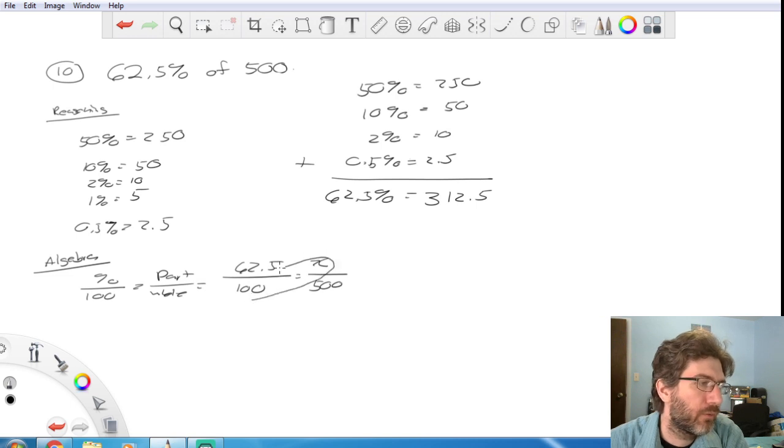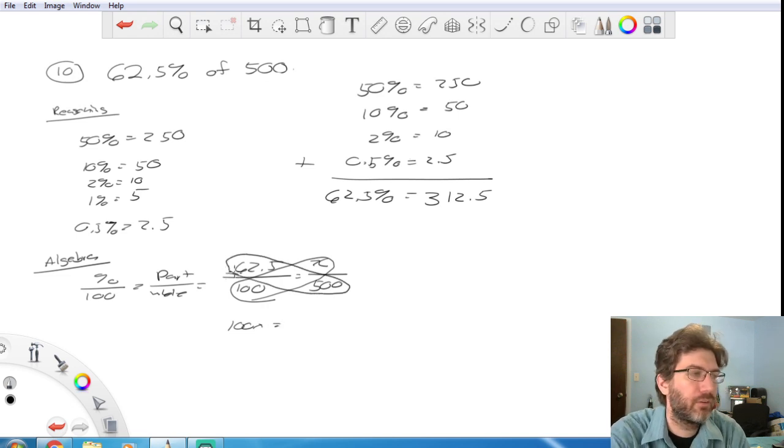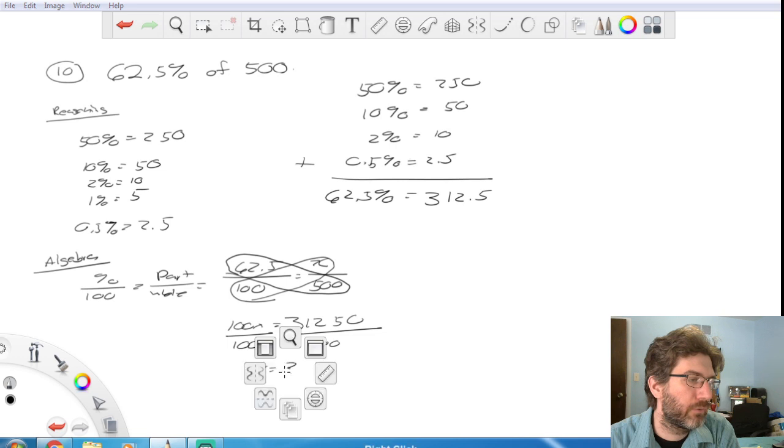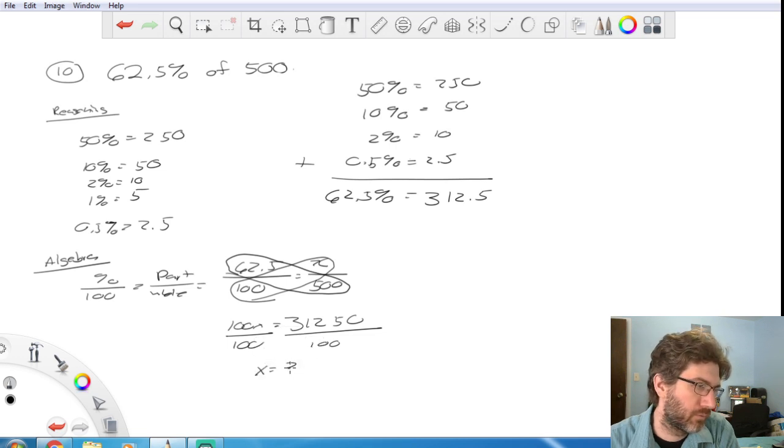So here we're going to multiply: 100x equals 62.5 times 500, which gives you 31,250. Making sense? Divide that by 100, divide this by 100, x equals 312.5, which is the same thing we got here.